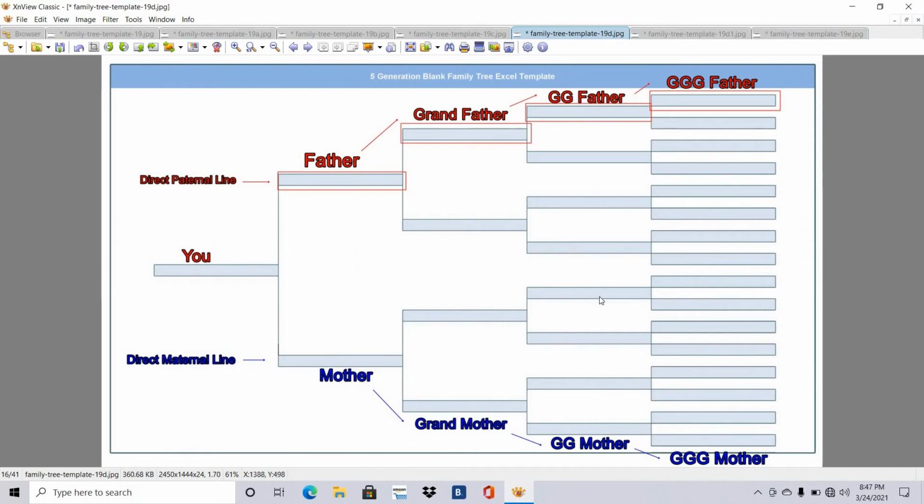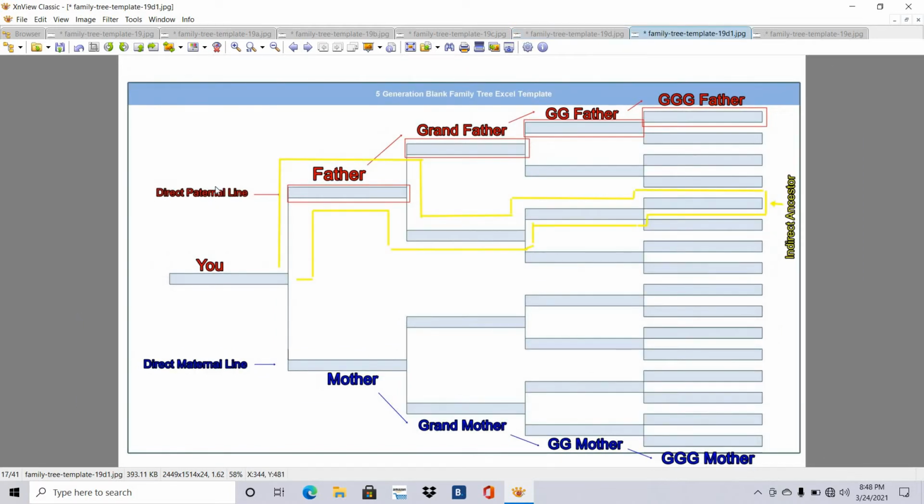So all of this stuff that you see here in the middle, those are your indirects. They're not direct. So if it goes from you to your father, then to your father's mother, your grandmother, then to her father, and then to her grandfather, that's really indirect.